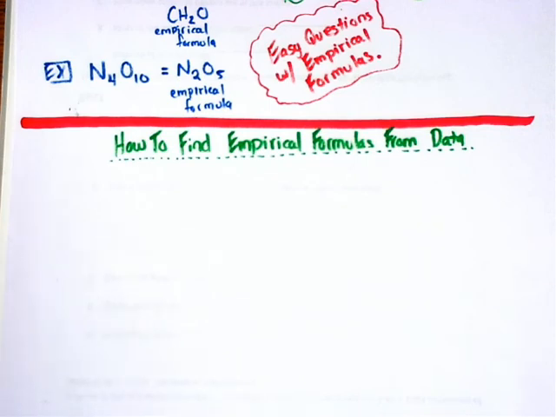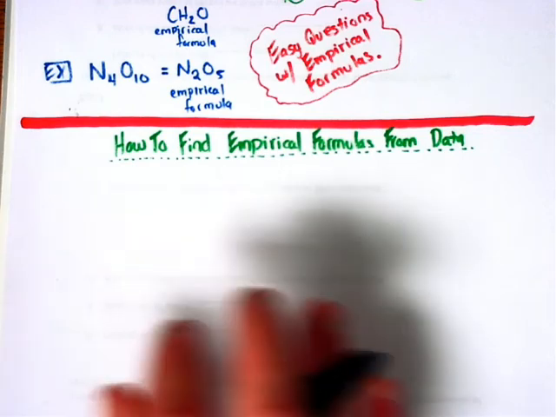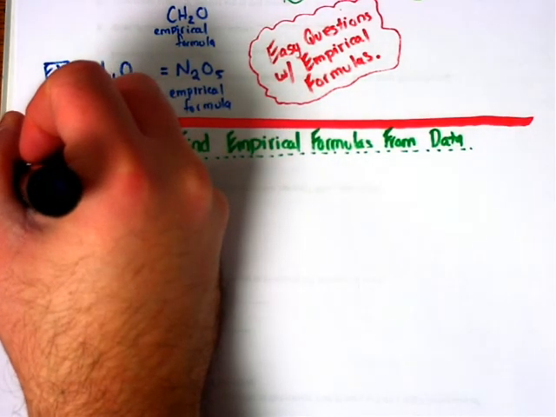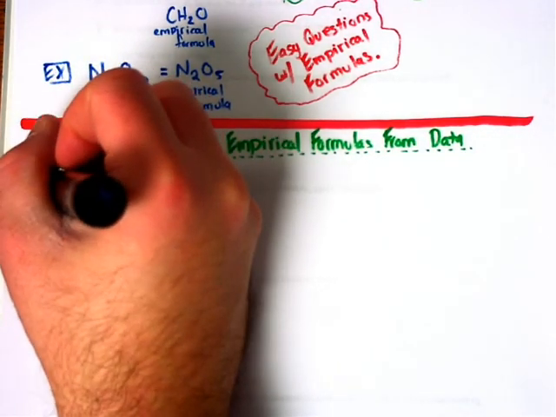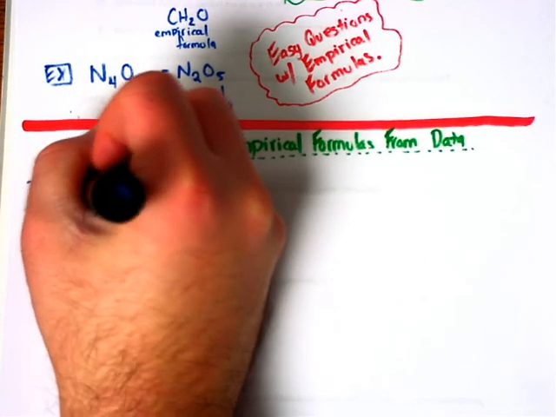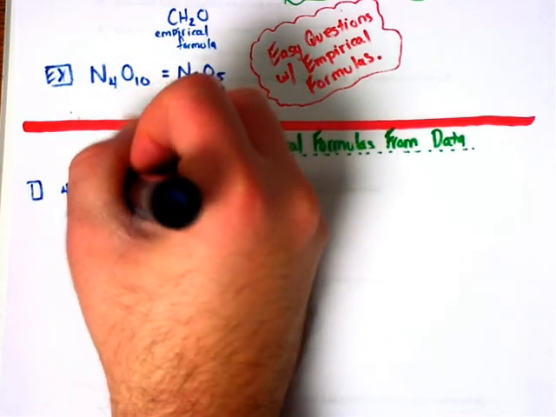Let's say that I told you that we had a compound that was made of 47.0% potassium.